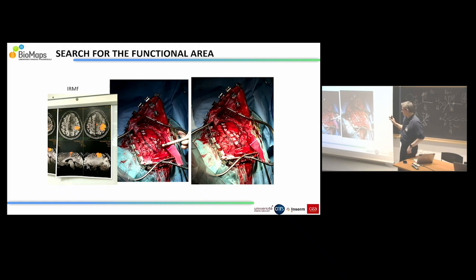Before the surgery, he gets an fMRI acquisition to define the functional zones. During the surgery, the surgeon generates electrical pulses in order to map where the functional points are around the tumor you want to remove.